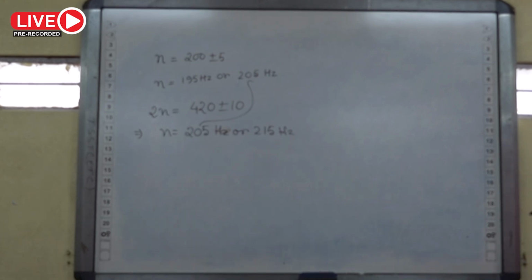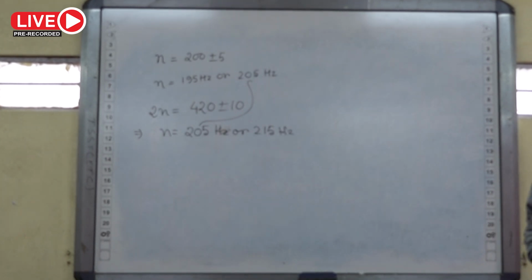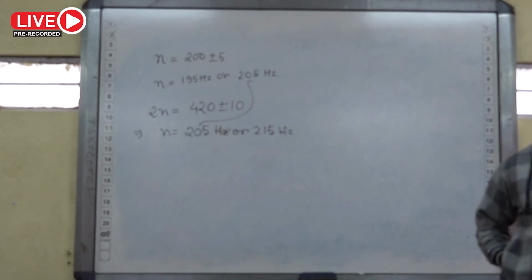From the first case we cannot decide, because beat frequency means difference of frequency, and which one is higher is not mentioned. So it may be 195 or 205. In the second case you find either 205 or 215. So the common value between both is the answer, that is 205 Hz.